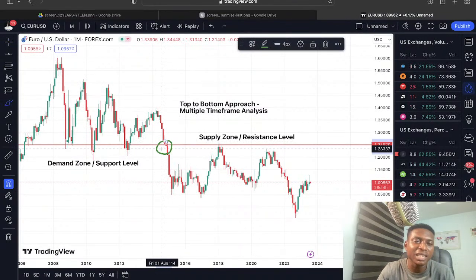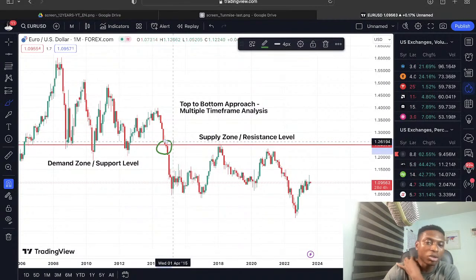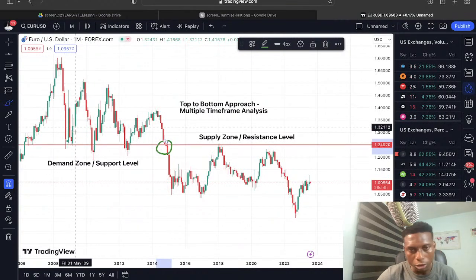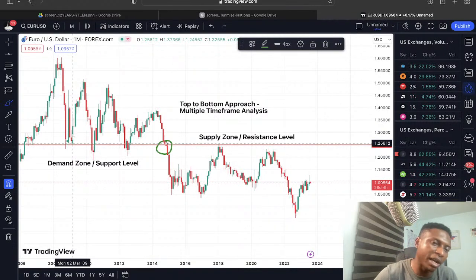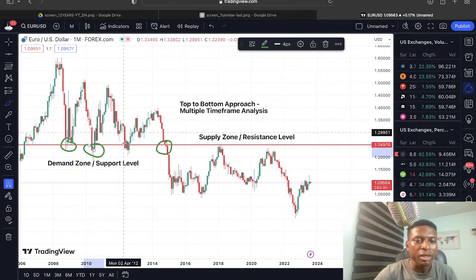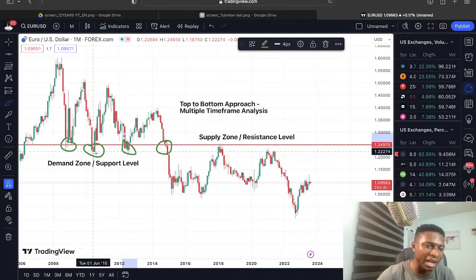Now there's an interesting thing I would like to explain here that we need to take cognizance of. Before you start trading and analyzing the market, when you look at the market and you see that price is consistently touching a particular level, understand that the more price touches that level, the weaker the level becomes.